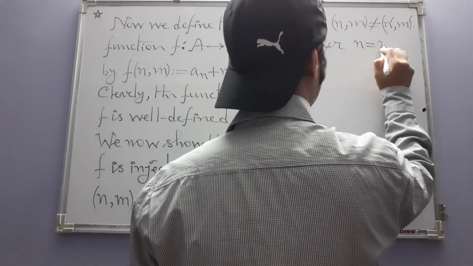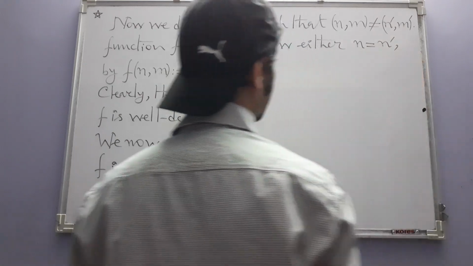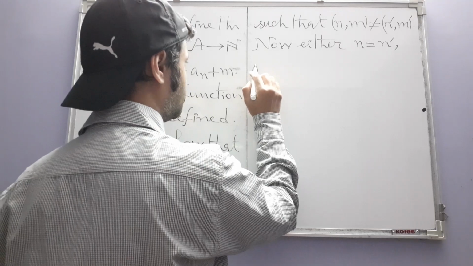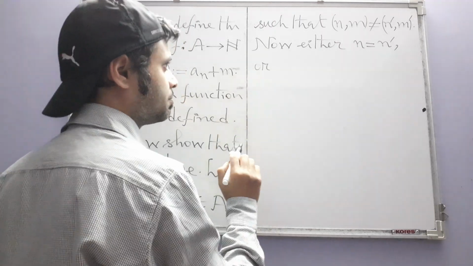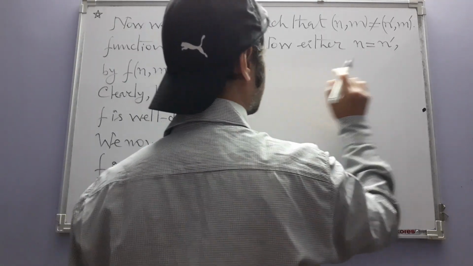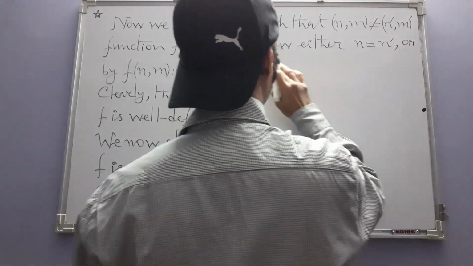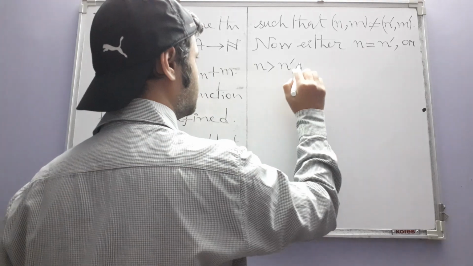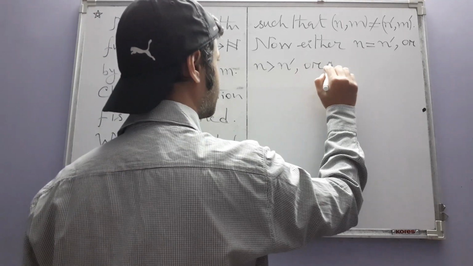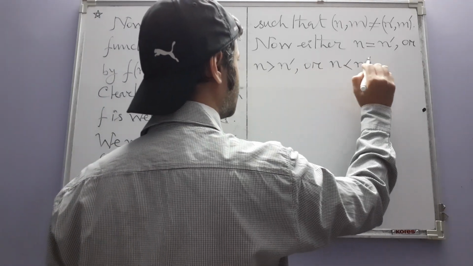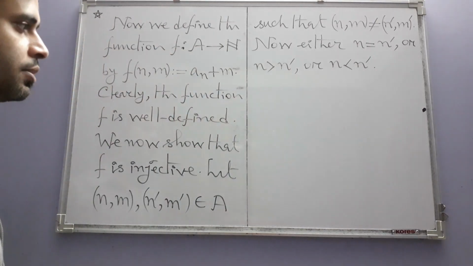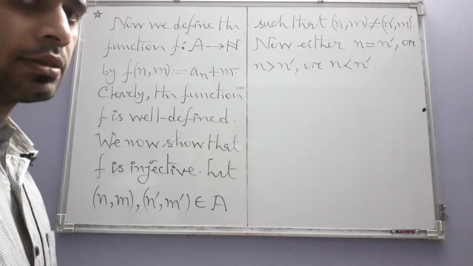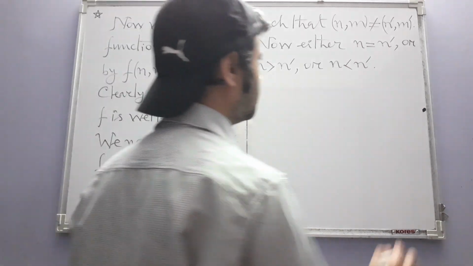Either the first coordinates are equal, n is equal to n prime, or n is greater than n prime, or n is less than n prime. Let us consider the case n equal to n prime first, because that is relatively easier.